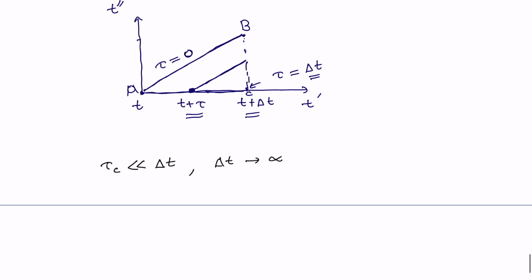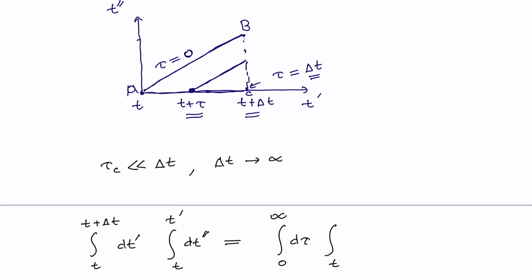In that case, the double integration, t to t plus delta t dt dash, integration t to t dash dt double dash, would be equal to, in the new variables tau and t dash, as you have seen, tau going from 0 to delta t, but now delta t tends to infinity, so I put infinity here, then d tau, and then t dash going from t plus tau to t plus delta t dt dash.